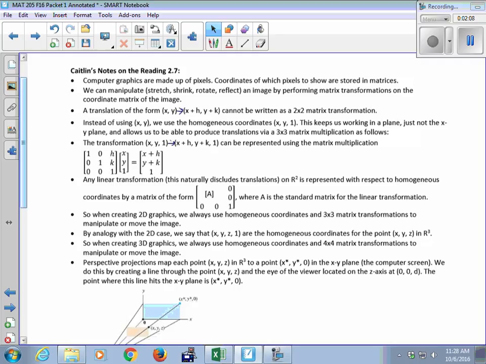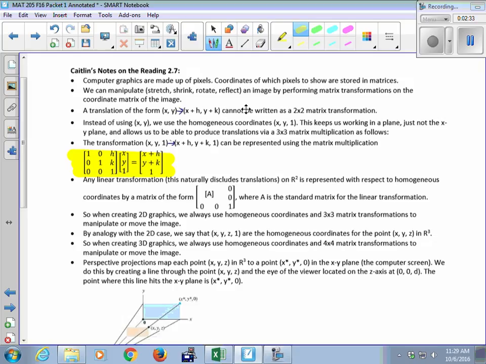And then your last entry just keeps that 1 constant, which is always going to be a 1 because we're just working in the same plane. Okay, so this is something to have written down, right? This is how you do a translation in computer graphics.